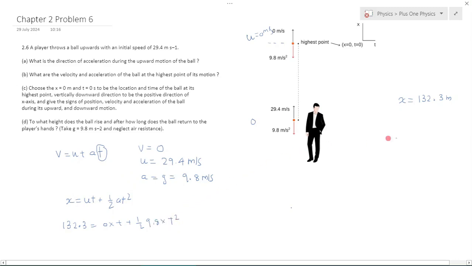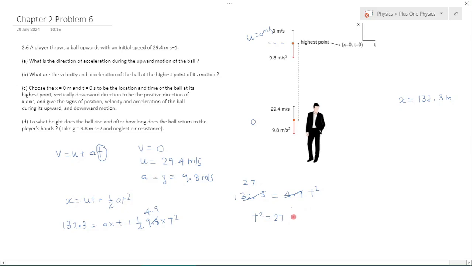We write 132.3 equals 4.9 times t square. 132.3 is actually a multiple of 4.9, so we cancel and get 27. t square is equal to 27.